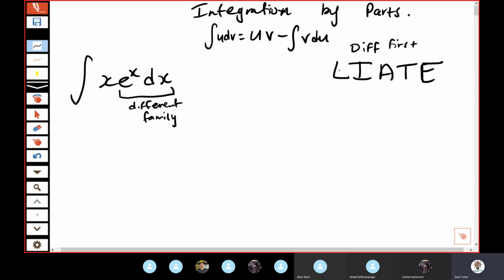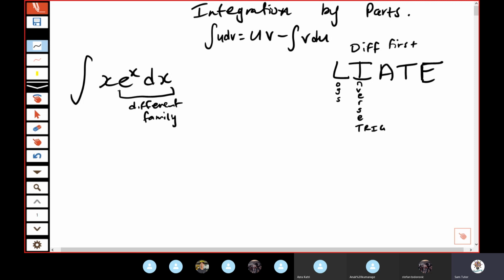L stands for? Logs. I? Indices. Ooh, no. Inverse. Inverse what? Inverse, not inverse log. Inverse trig, yes. Inverse trig. And then what does A stand for?